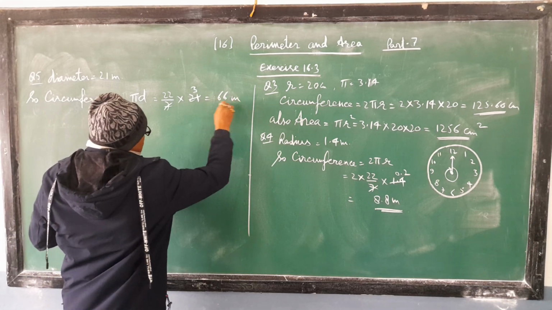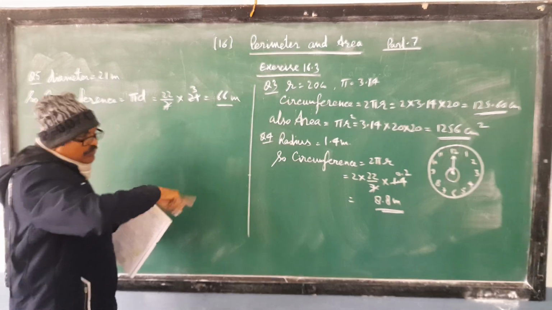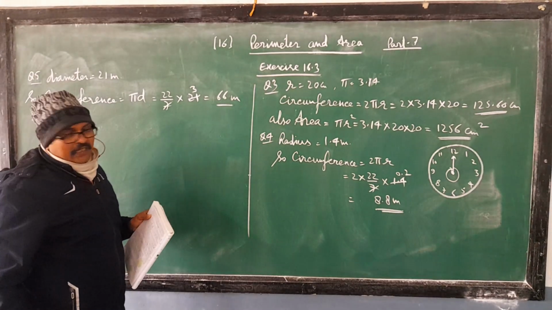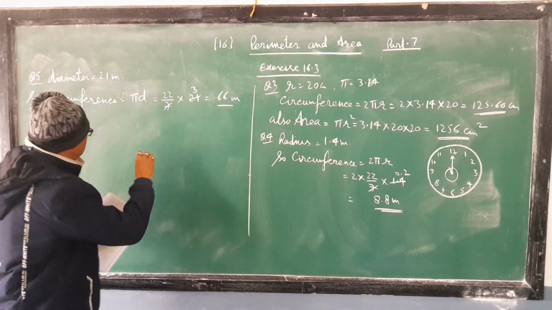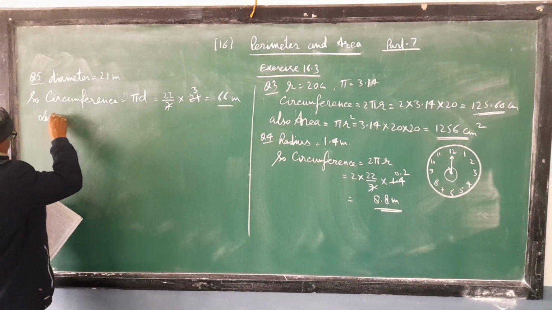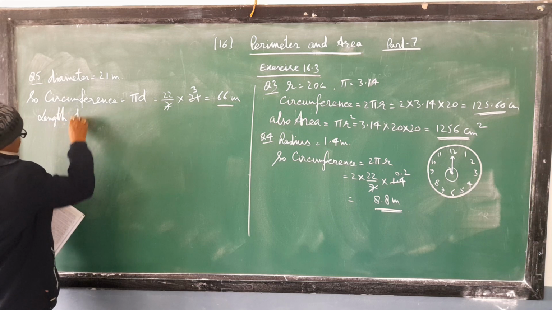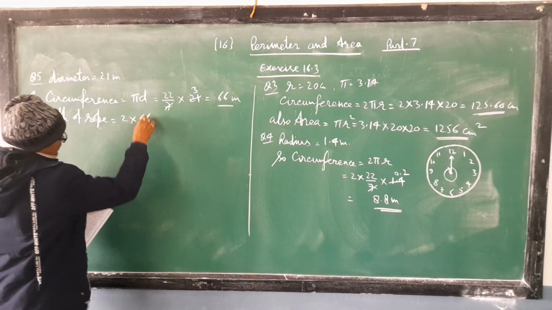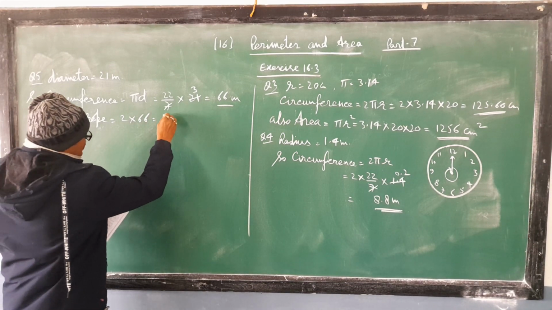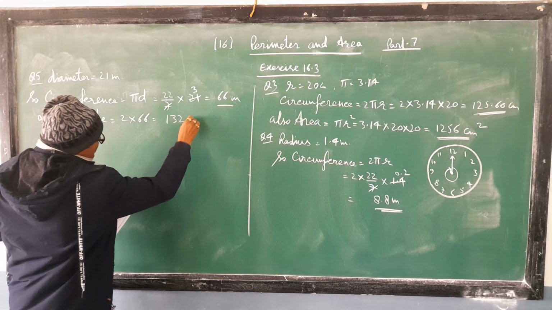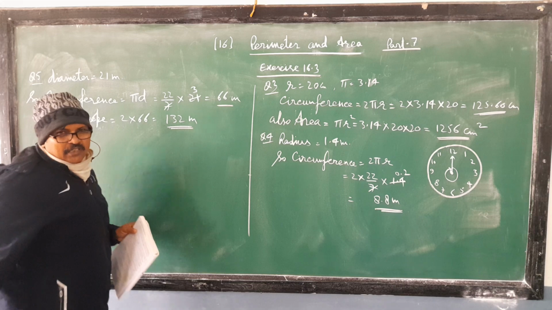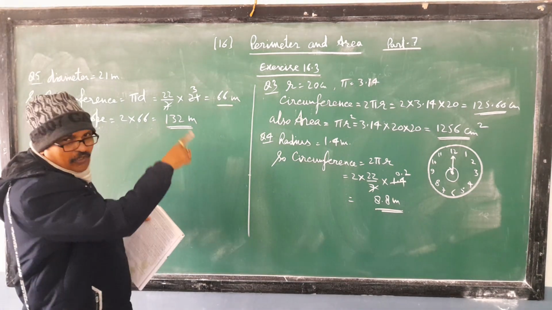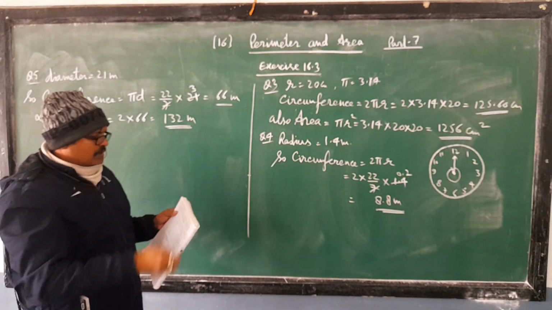That is 66 meter. For 1 round, 66 meter. Then the length of rope will be equal to 2 rounds. Length of rope is 2 into 66, 132 meter. 132 meter long rope is needed for fencing 2 rounds.